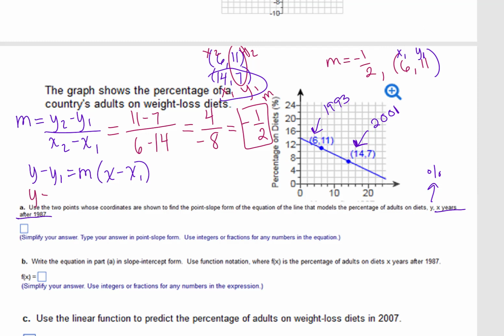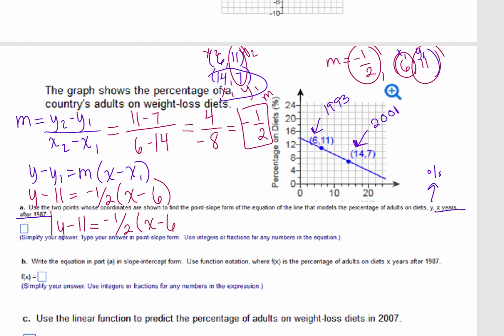So y minus 11 equals the slope, negative 1/2, times x minus 6. And that is my point-slope form. They were not very creative when they gave this the name. Point-slope form is literally the form that shows the slope and a point.